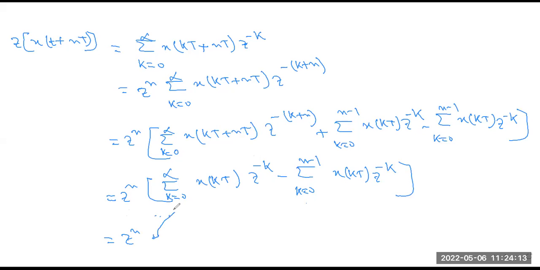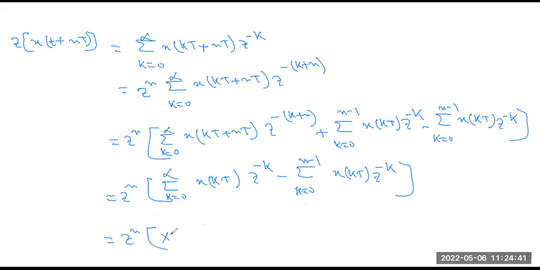Just wait, sometimes my whiteboard is disturbing, so that's why the unwritten part is also detected. So we have to change this x of kT z to the power minus k.